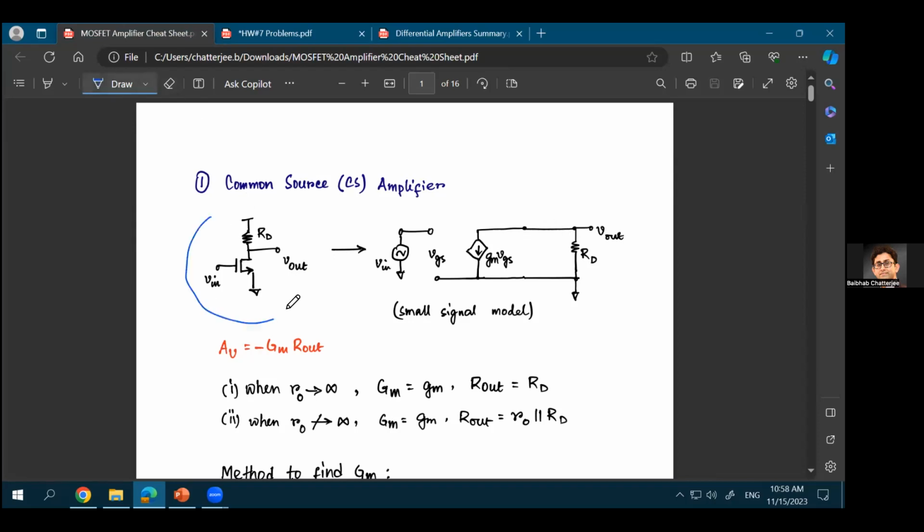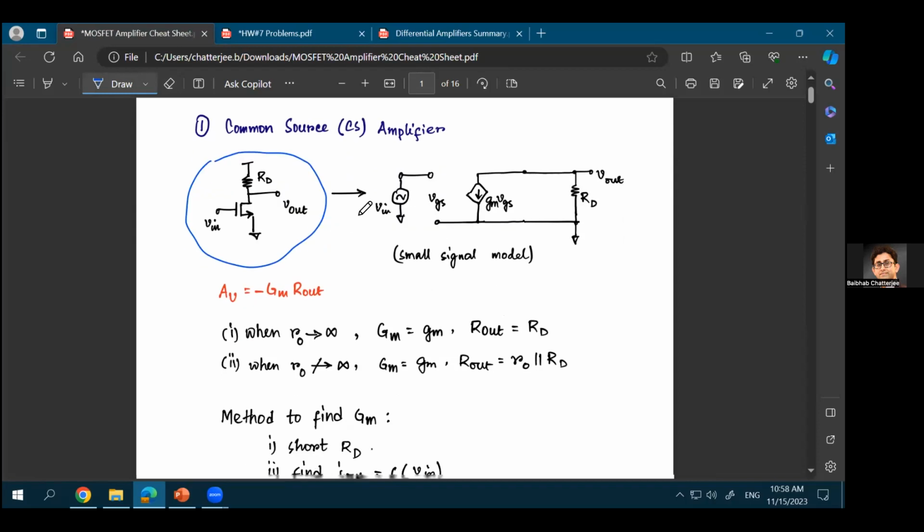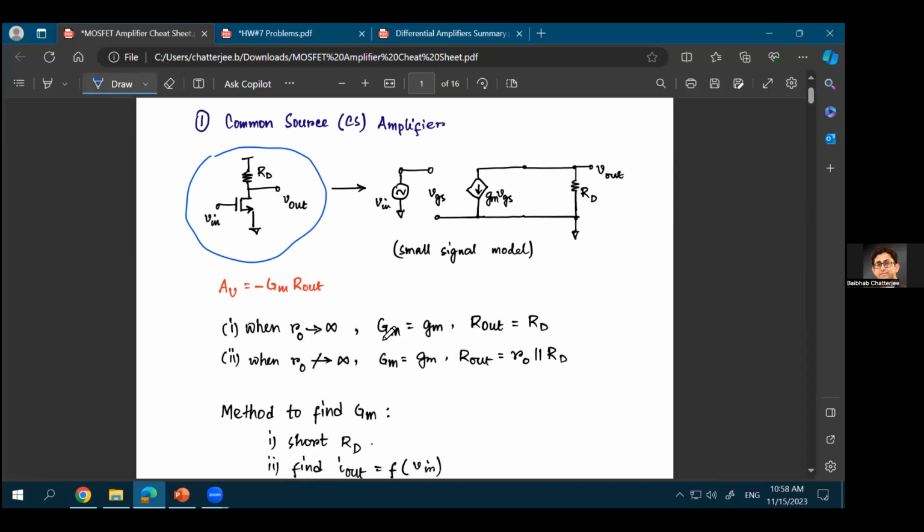For example, this is your basic common source amplifier, and we already mentioned that the gain is Dm times R out. If RO is infinity, then the gain is minus Dm times RD. If RO is not infinity, gain is minus Dm times RO in parallel with RD, but RO is the R out of this particular transistor.